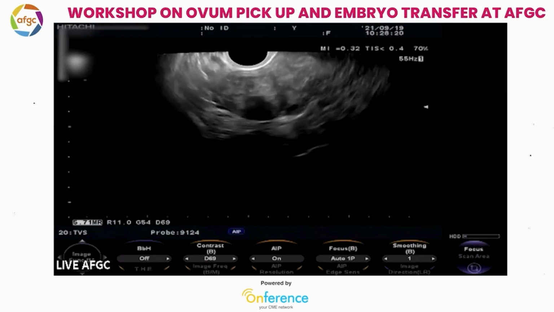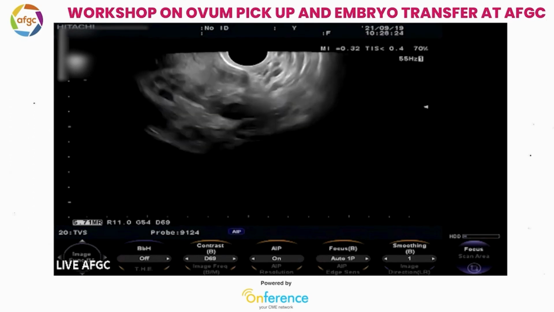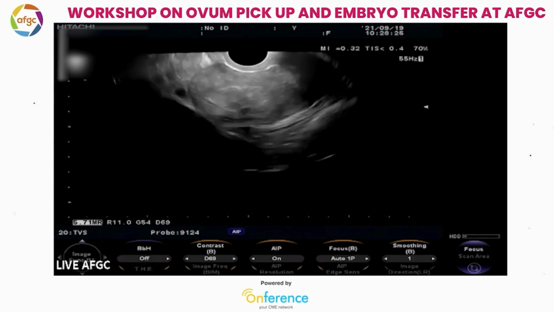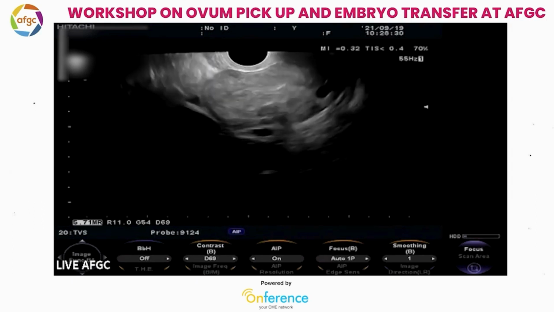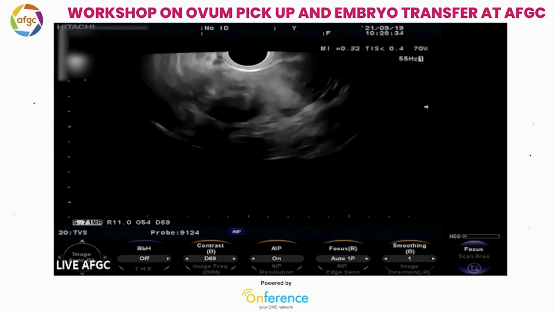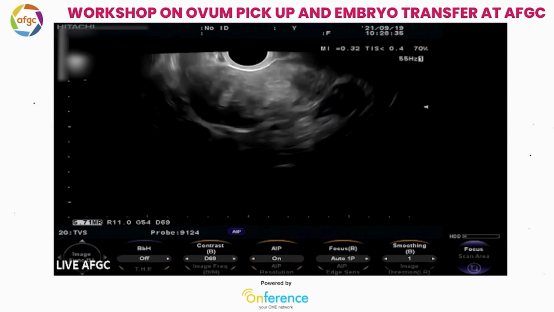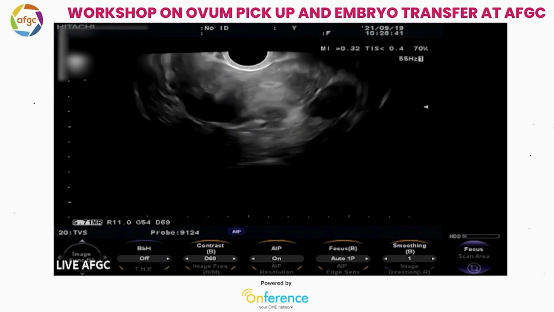There is a collapsed cyst here. Now I am turning my probe 90 degrees, and there I see the fibroid sitting there.